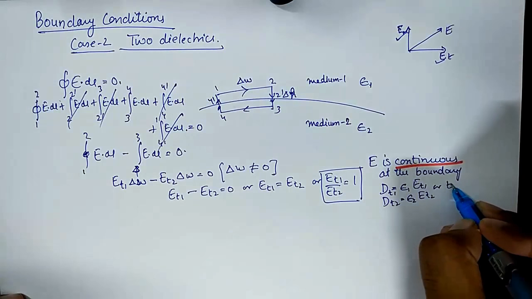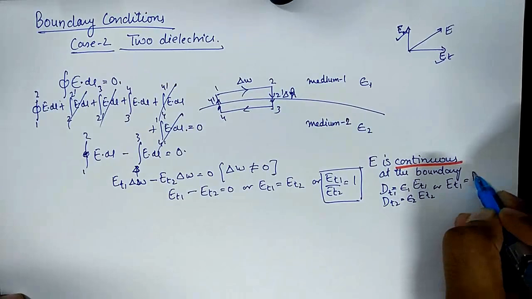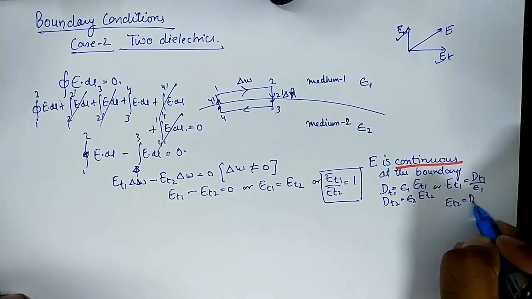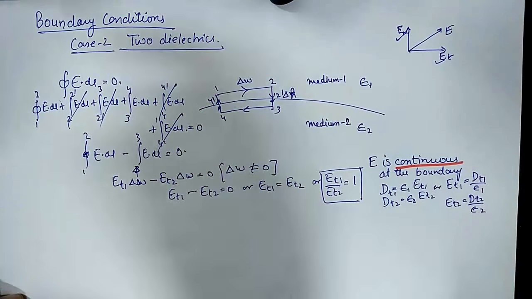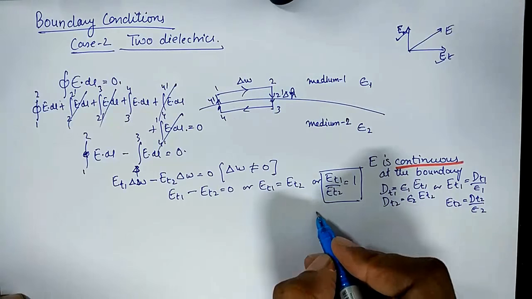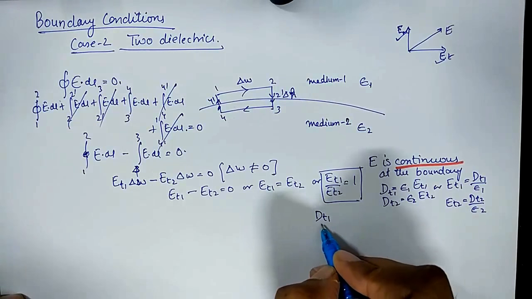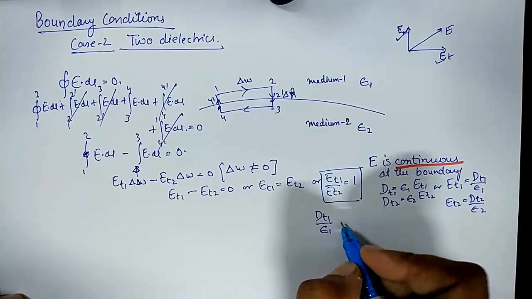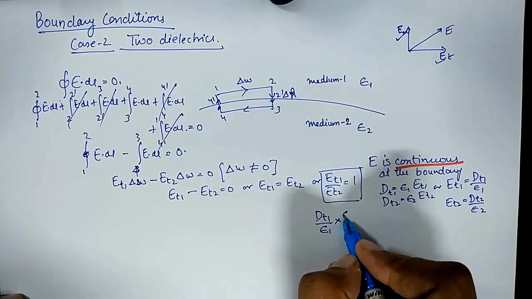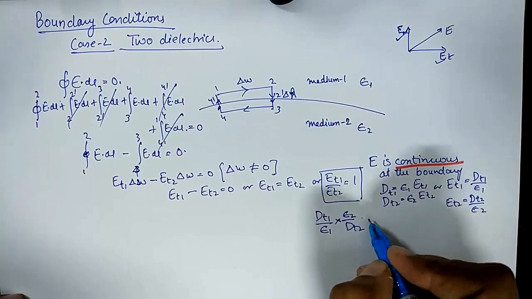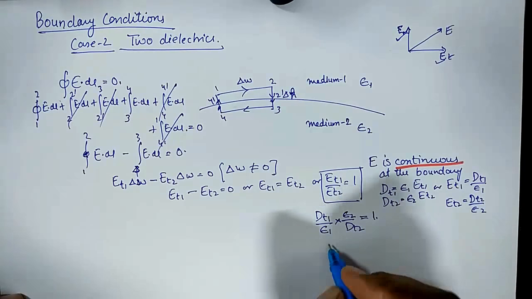Or ET1 is DT1 upon epsilon 1, ET2 is DT2 upon epsilon 2. We substitute it here, DT1 upon epsilon 1 into epsilon 2 upon DT2 is equivalent to 1.